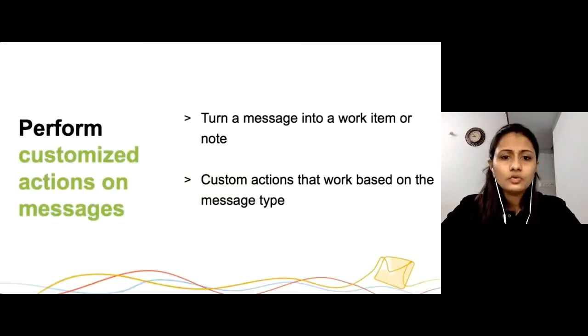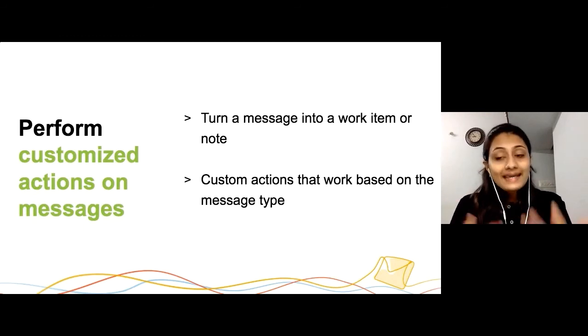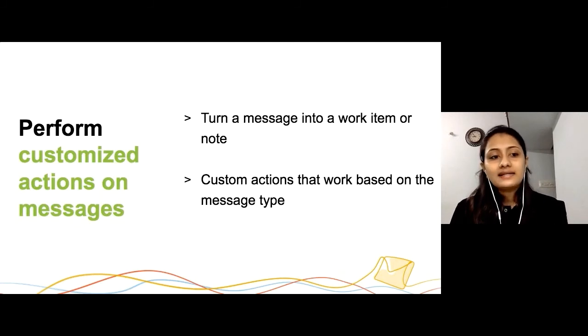Coming to how you can make messages that you have on Cliq much more actionable. Most of the time when you're having a conversation, there's a bot that will come help you, but there are also situations where you might want to take an action on the message. In that case, you need to make your message actionable, or probably turn it into a work item.